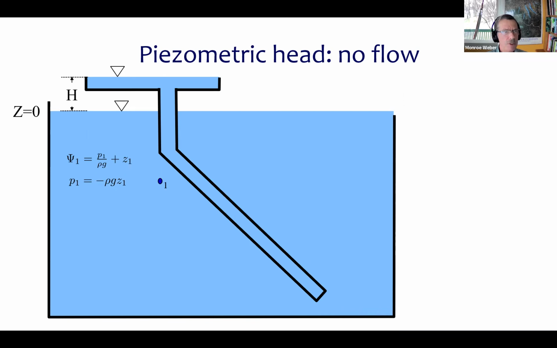Okay, if you would go up to Lake Erie and stick a straw into it, how high would the water rise in the straw? The water would rise to the surface of the lake. And that defines your datum: if your z equals 0 point is the surface of your lake, that's a representation that piezometric head is 0.